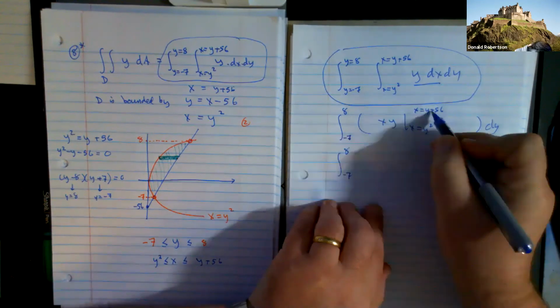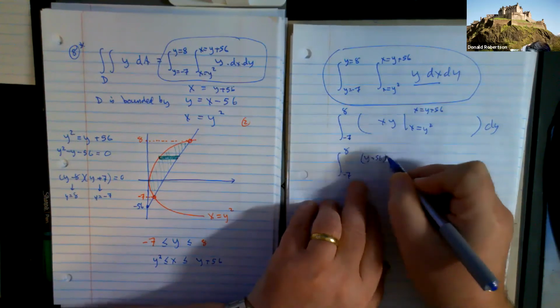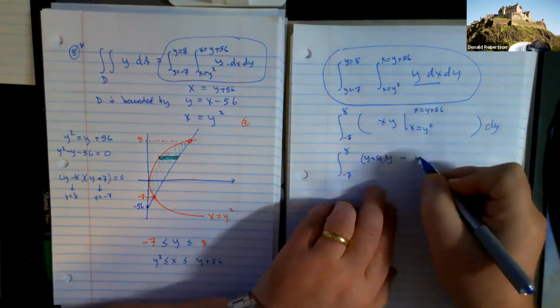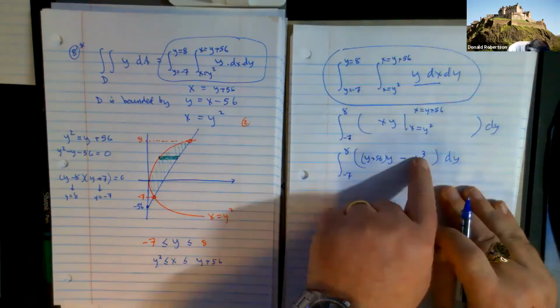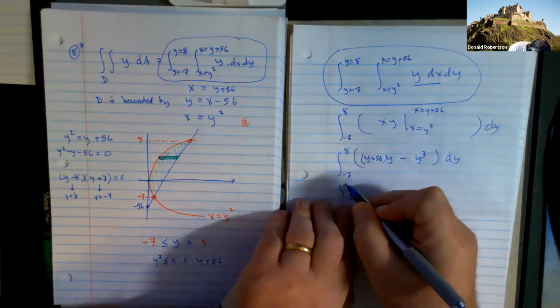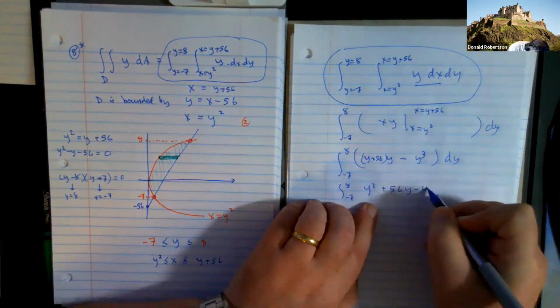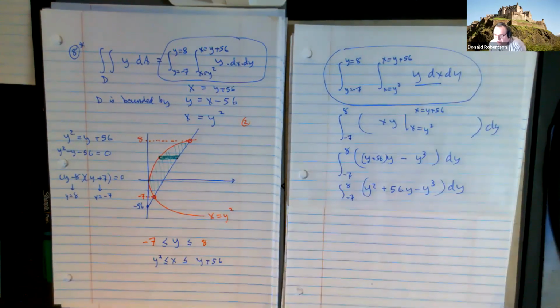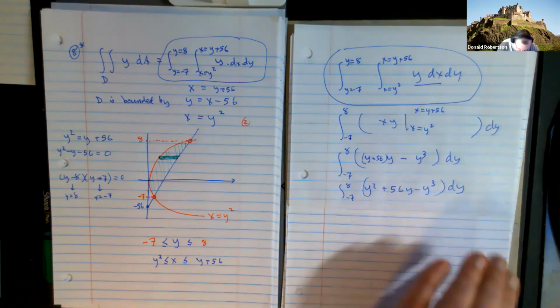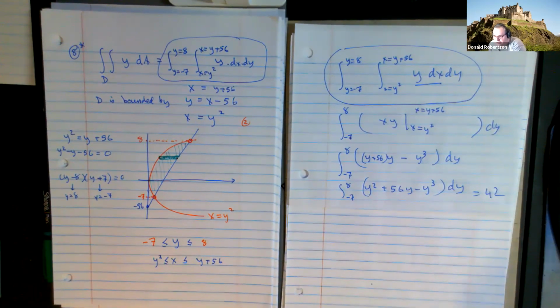If you plug in the top one, you get y plus 56 times y, take away essentially y cubed, because that would be y squared times y. And then what would I get? y squared, 56y, take away a y cubed. Right, and at this point here, isn't it just a Calc 2 question? And it'd be a power rule. And you get whatever you got, right? And that would be good, because that's what you need to get.